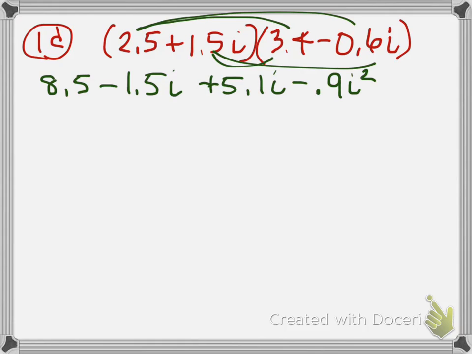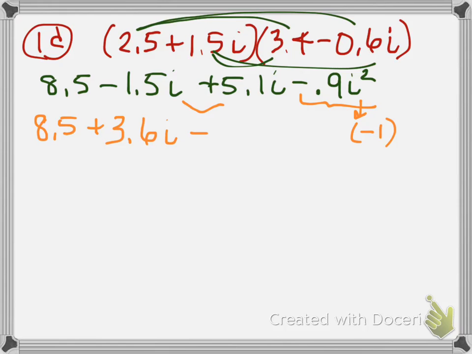So again, go through, simplify. So at 8.5, I don't have anything to combine with right now. These guys here, negative 1.5i and 5.1i, can combine to make positive 3.6i. And then the minus 0.9i squared, remember the i squared automatically becomes a negative 1.